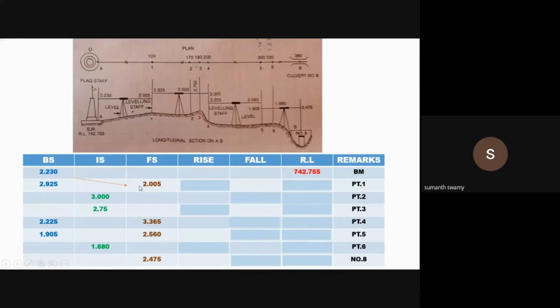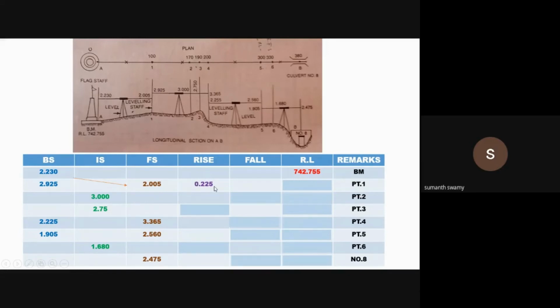If the answer is positive, enter it in the rise column. If the answer is negative, enter it in the fall column. So here backside 2.230 minus foresight 2.005 is 0.225, that is positive. Therefore, the result is entered in rise column.